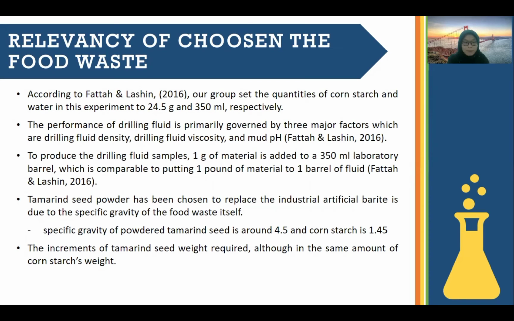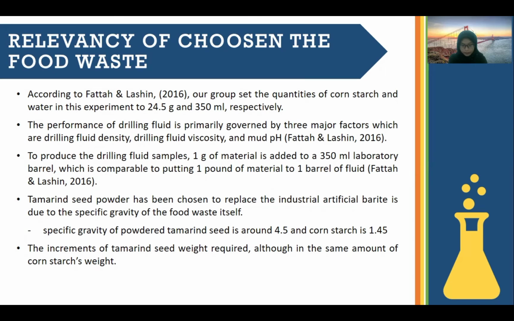Next, tamarind seed powder has been chosen to replace the industrial artificial barite due to the specific gravity of the food waste itself. The specific gravity of powdered tamarind seed, based on our group research, is around 4.5, meanwhile for cornstarch it is around 1.45. The increment of tamarind seed weight is required, although the cornstarch weight is the same.